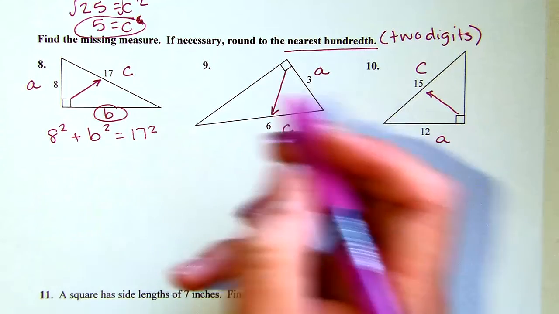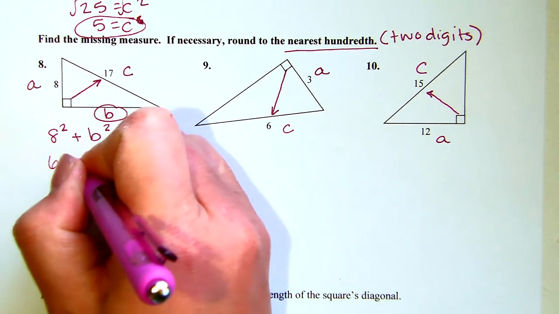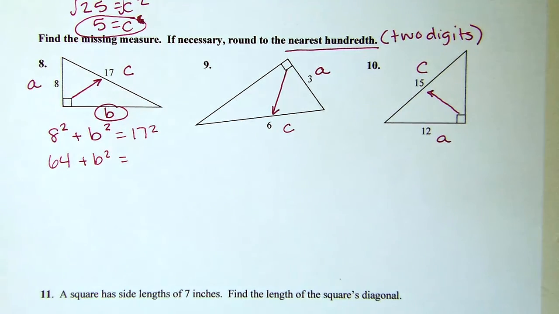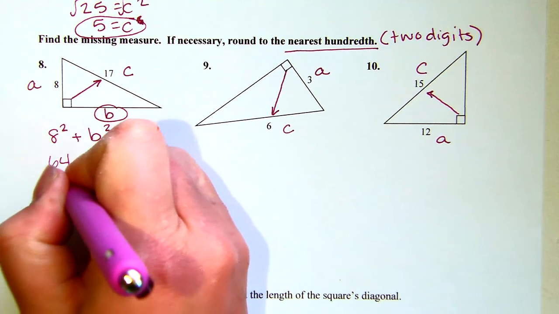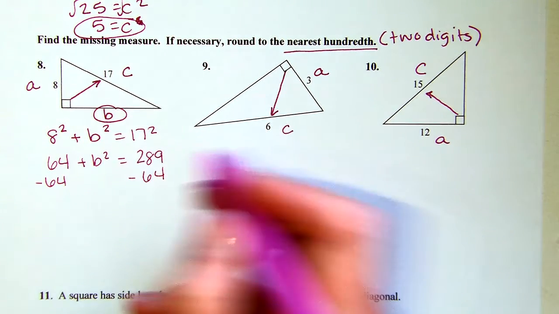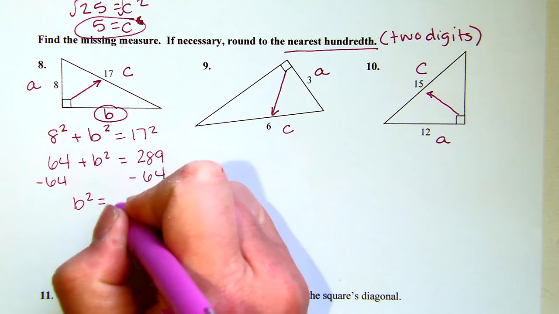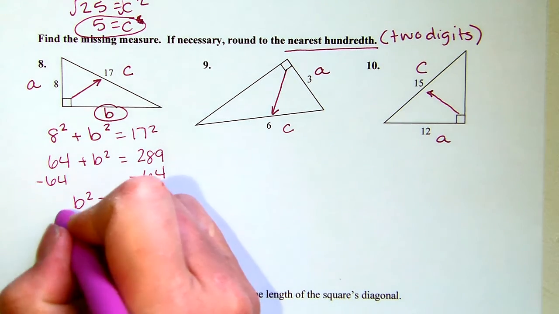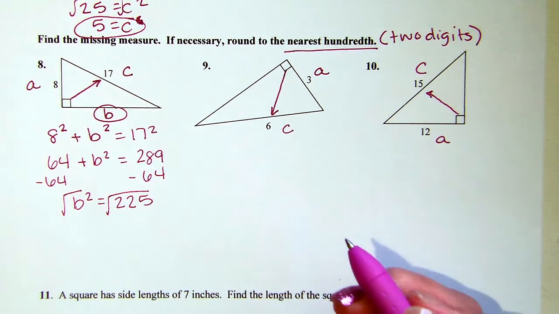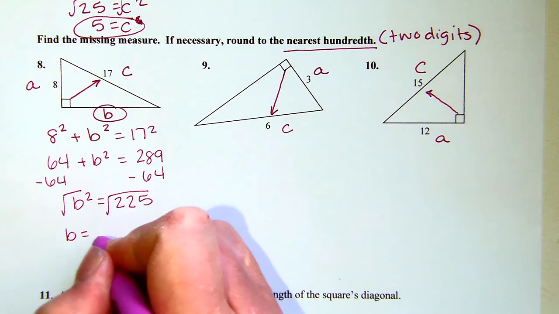I'm going to get 64 plus B squared is equal to 17 squared, and 17 squared is 289. Now I'm going to minus 64 from both sides, and that's going to leave me with B squared equals 225. Now I'm going to have to square root both sides, leaving me with B is equal to 15.